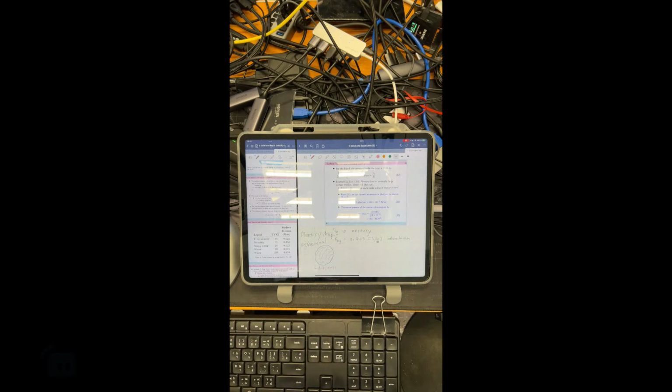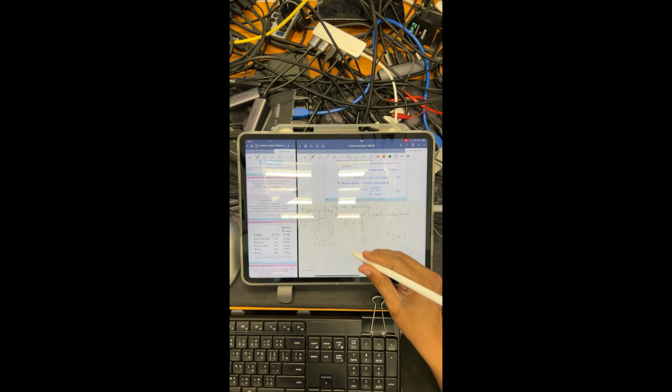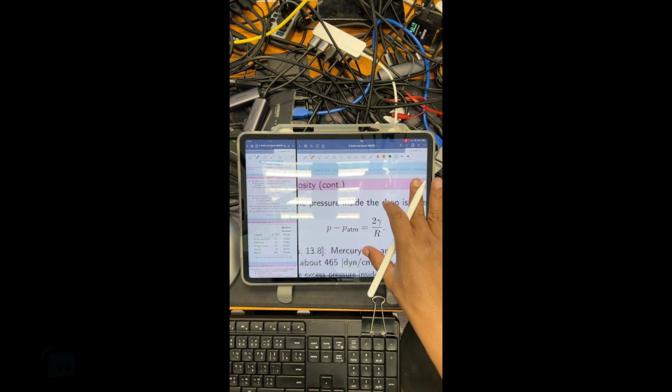The radius would be D by 2, half the diameter, so 4 by 2 times 10 to the negative 3 in SI scale, in meters. You would have 2 times 10 raised to negative 3 meter. That's the radius.